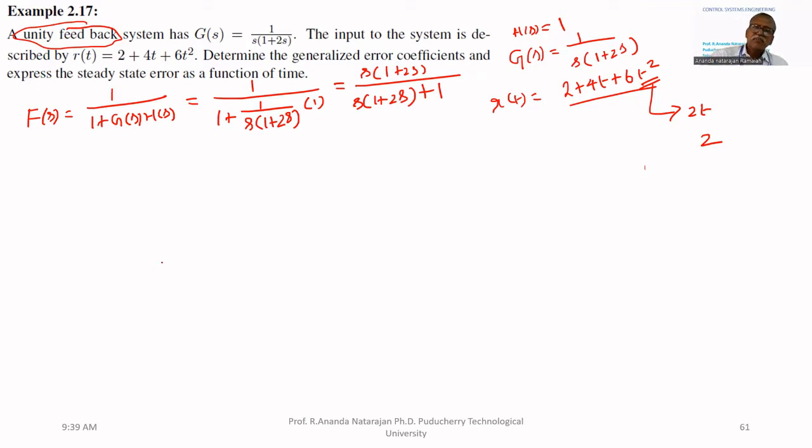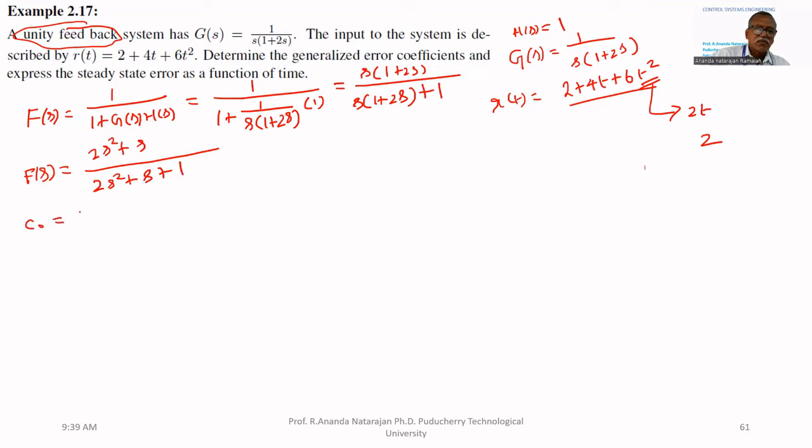We took the LCM and the numerator becomes like this. Therefore, F(s) equal to 2s squared plus s upon 2s squared plus s plus 1.